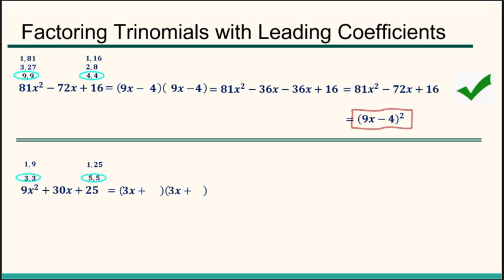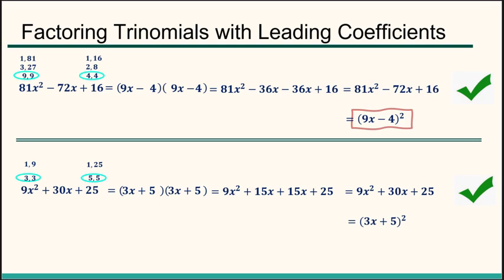So let's try this out. 3x, 3x, I need a plus and a plus. 5 and 5. Let's multiply it out and see what happens. We've got 9x squared plus 15x plus 15x plus 25. Is that 9x squared plus 30x plus 25? Well, yes, it is. That's right. I'm going to write down 3x plus 5 quantity squared as my answer and circle it because that's the cool way to write it.